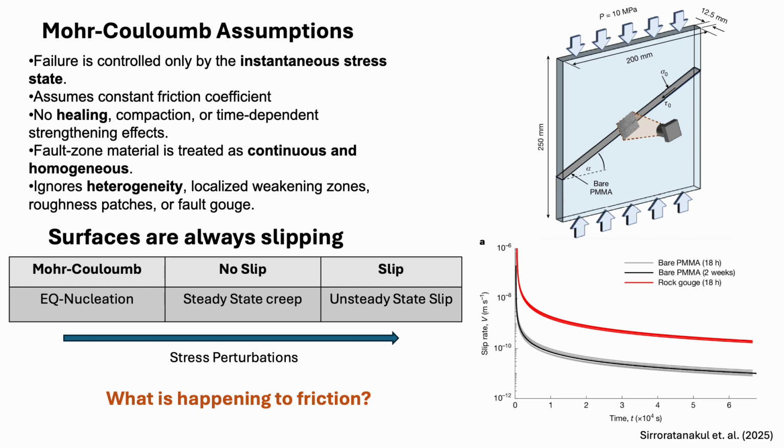They observed for a long time that if you keep the surface just as it is, it slips at very, very tiny velocities, as shown by this plot. You can see that the slip rate is very small, but it's not zero. It gradually goes down towards zero, but as it tries to achieve steady state, it's still not zero. It's still always slipping.